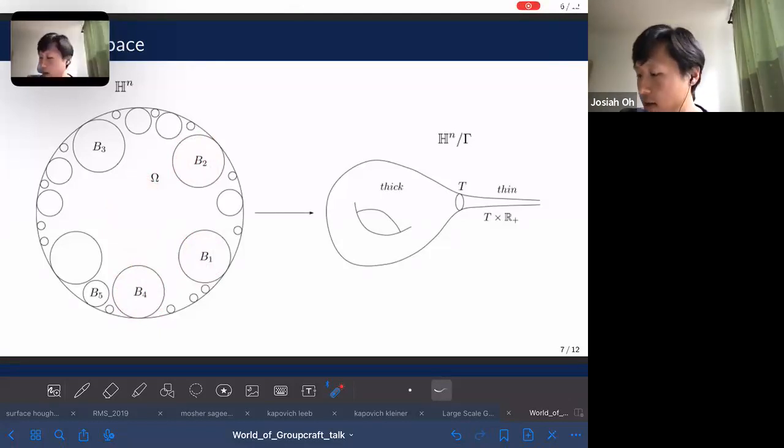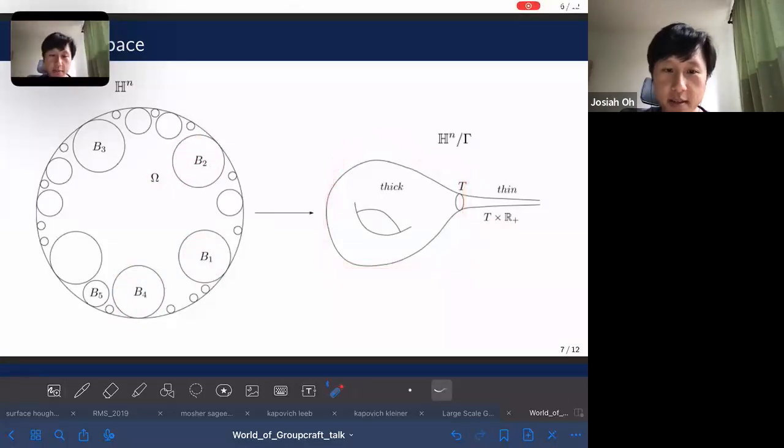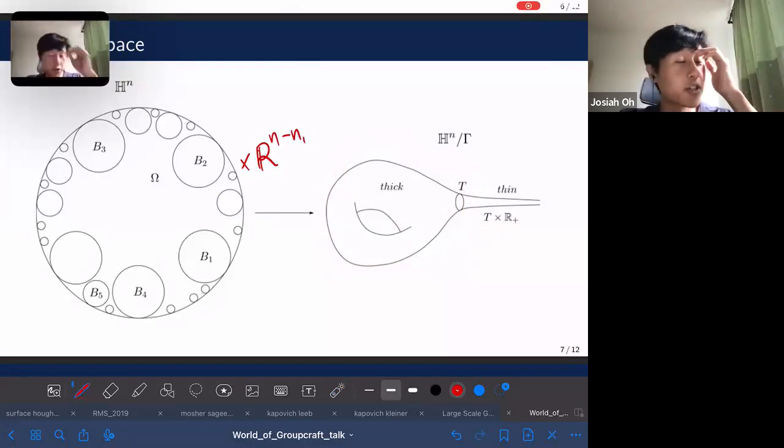And now remember that our pieces are this kind of thing times a torus. So the universal cover of a single piece is going to be this picture here on the left, this neutered space, times R to the n minus n. This is the universal cover of a single piece.